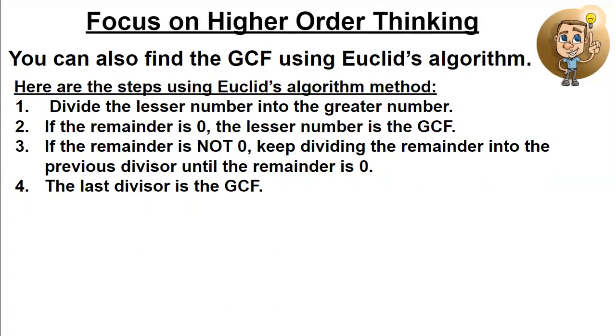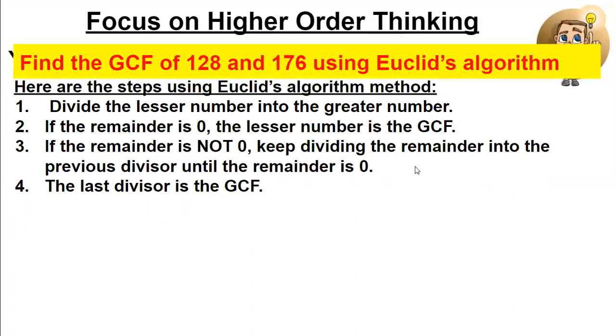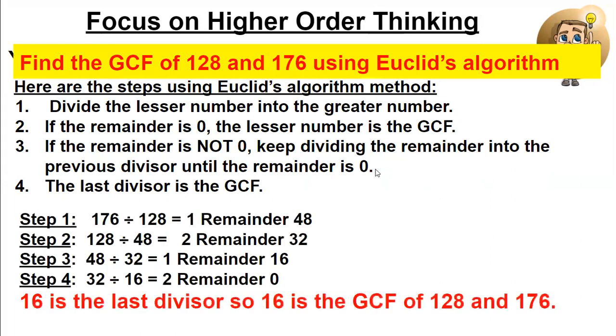Let's see how this works with numbers, because that can be confusing with words. So find the GCF of 128 and 176 using Euclid's algorithm. Here are all the steps. We're going to divide the lesser number into the greater number.